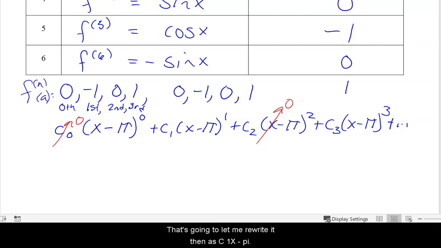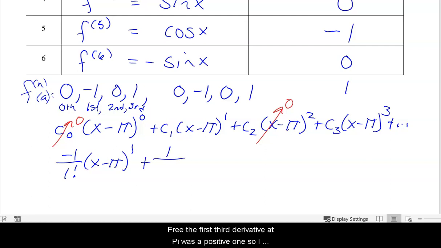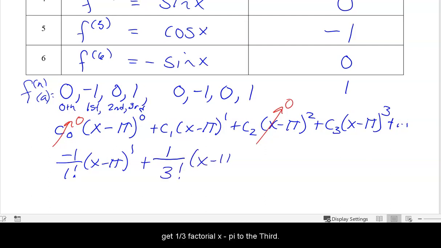That's going to let me rewrite it then as C1 times x minus pi. C1 is the first derivative, which was negative 1, over 1 factorial times x minus pi to the first. C3: the third derivative at pi was a positive 1, so I get 1 over 3 factorial times x minus pi to the third.